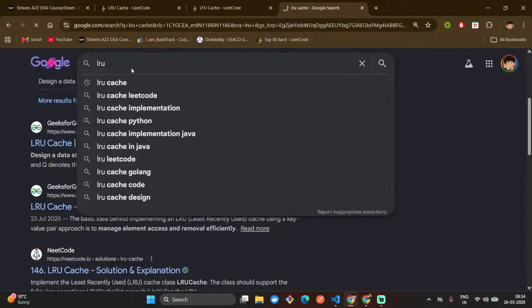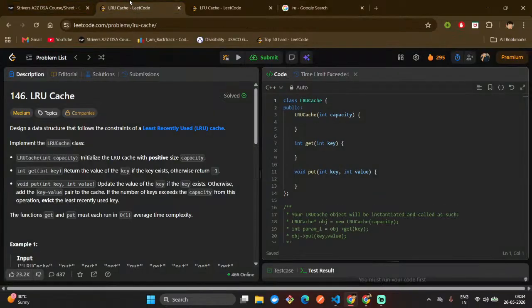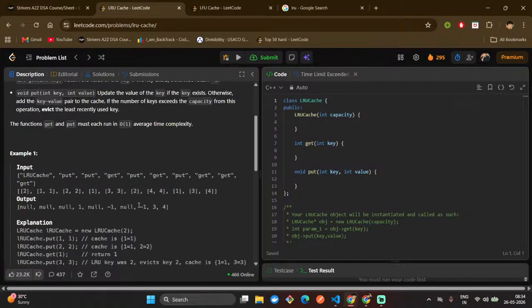LRU lists pages that the computer manages, and we can solve that. Then okay, just we have to remove from here.